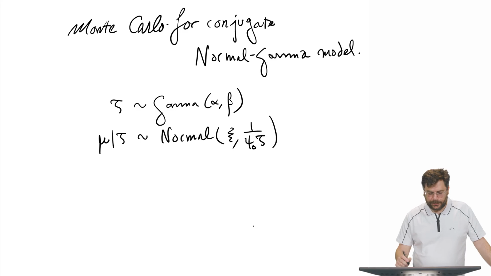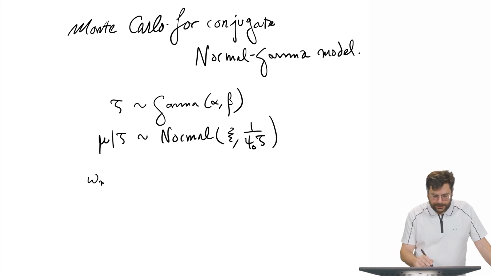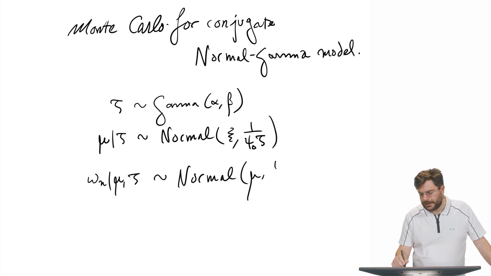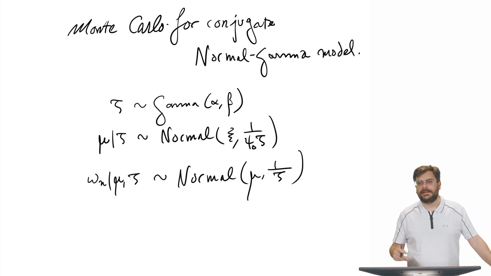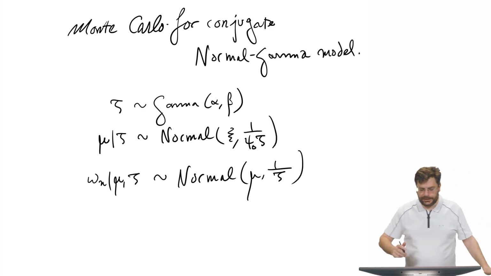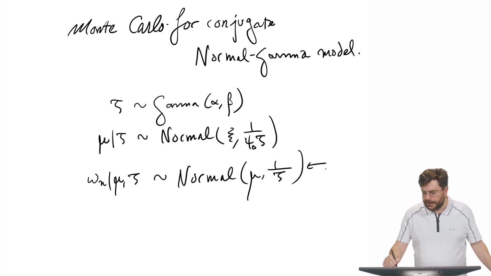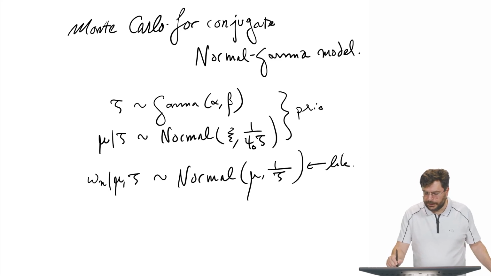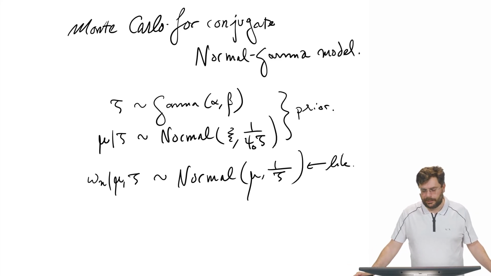Together these form the variance. And then I have a likelihood for my IID data, which is going to be drawn from a normal distribution with some mean mu and a variance of 1 over tau, tau again being the precision. So this here is my likelihood. This here is my prior.